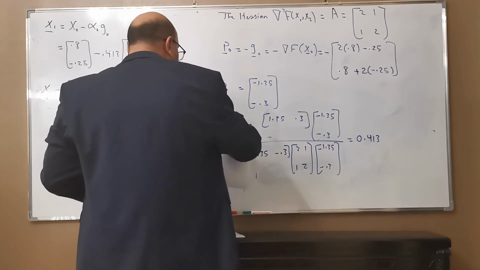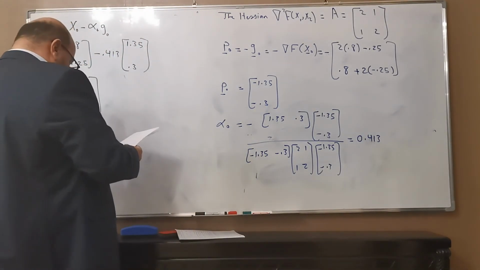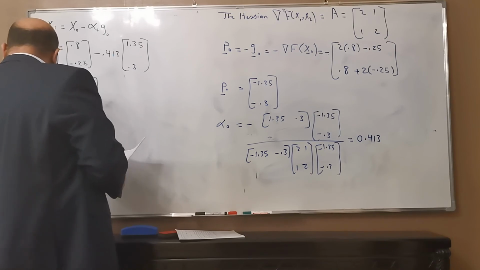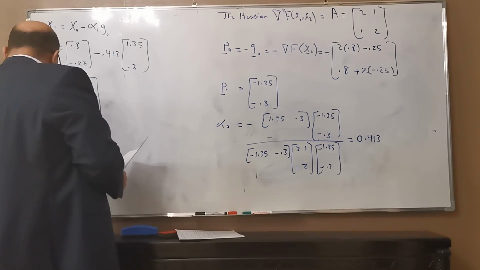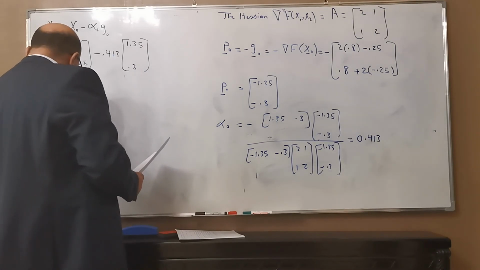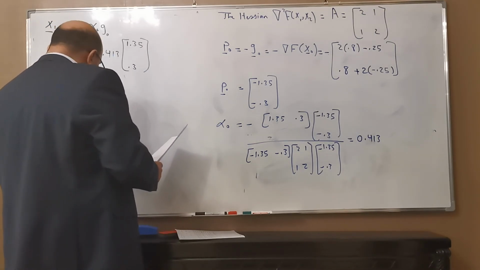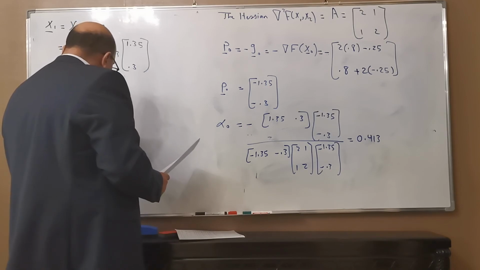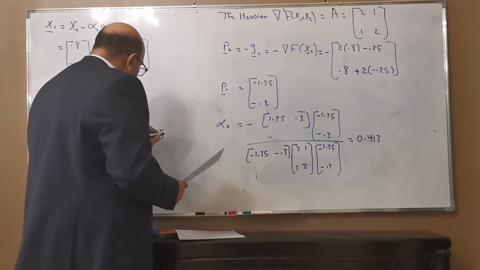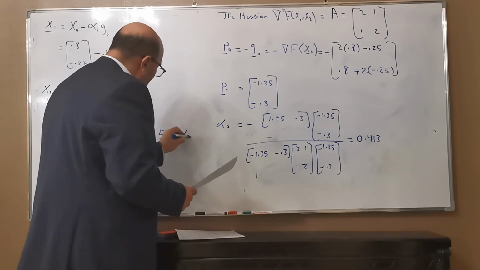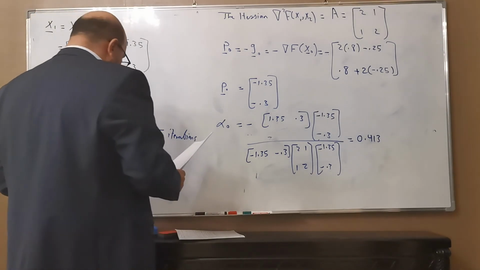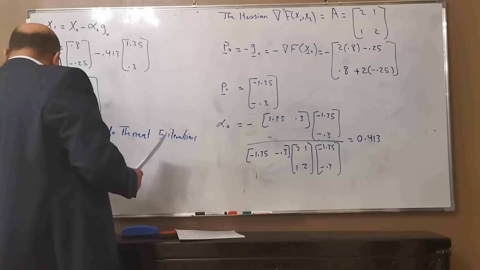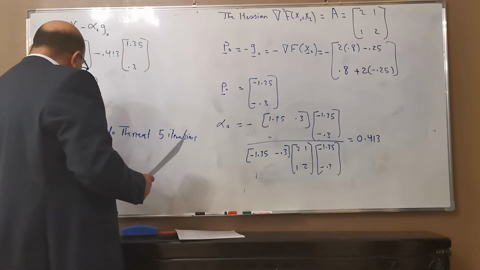Find p1, apply it to find alpha 1, find the next iteration, and please, as practice, do the next 5 iterations and find x5.